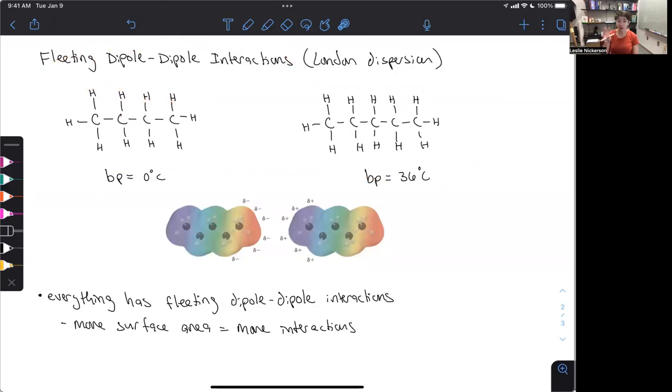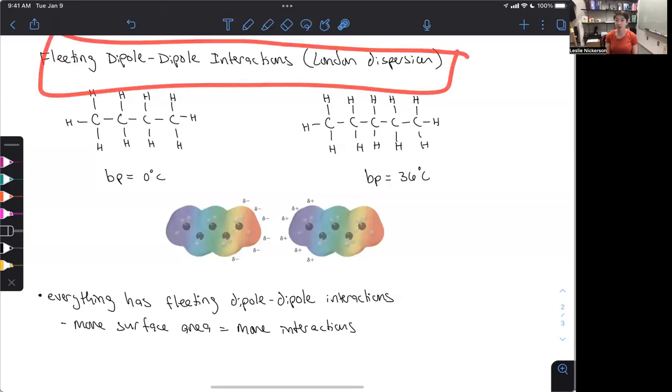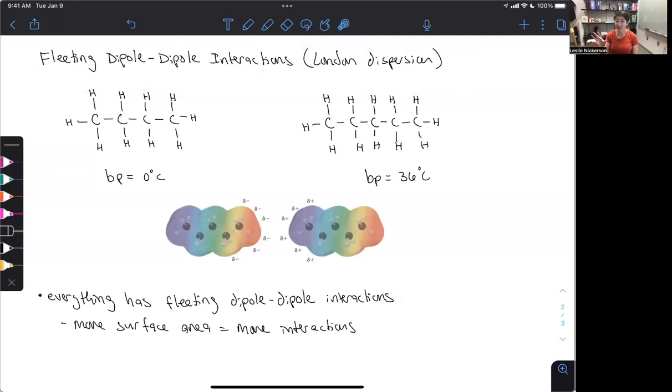So just to wrap this up quickly, there are some really cool things about intermolecular forces. These forces are actually what allows geckos to walk on walls because they have such a huge surface area on their feet. Then they have really big dipole-dipole interactions in that fleeting term.